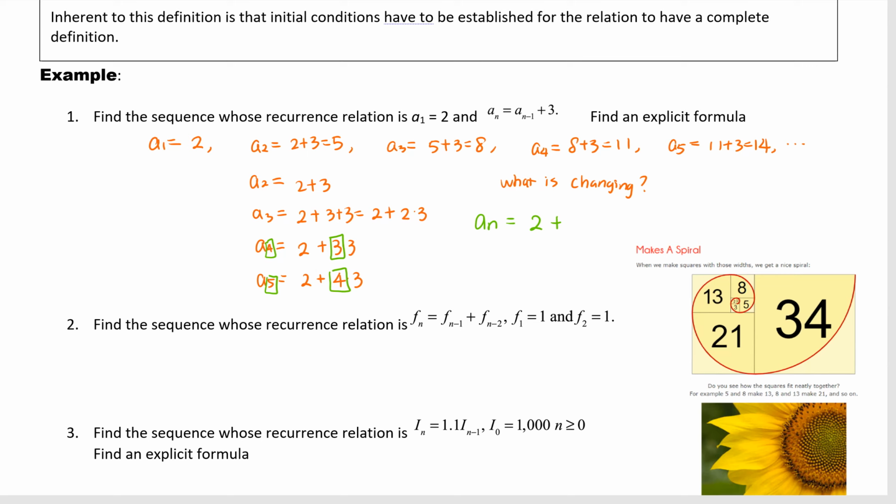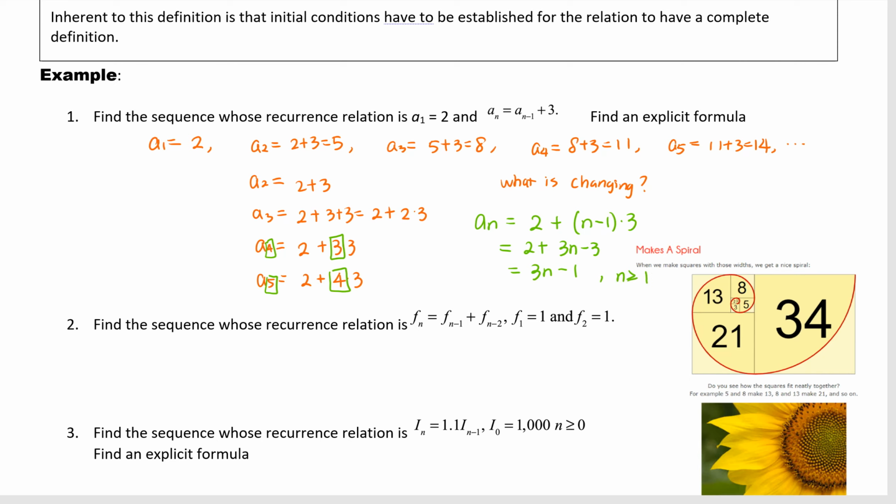So it's 1 less than the index. So when the index is n, we have n minus 1 times 3. And that's 3n minus 3. So 3n plus 2 minus 3 is 3n minus 1. So we get an explicit formula, and we know our n starts with 1.